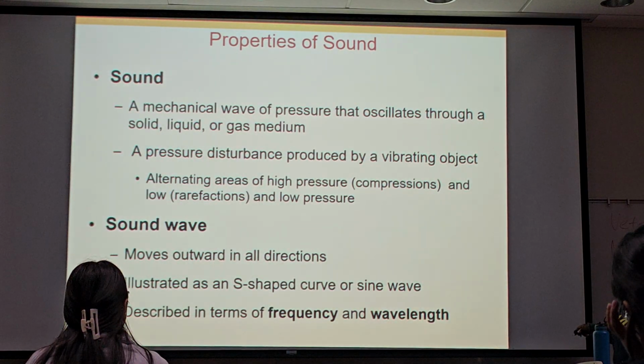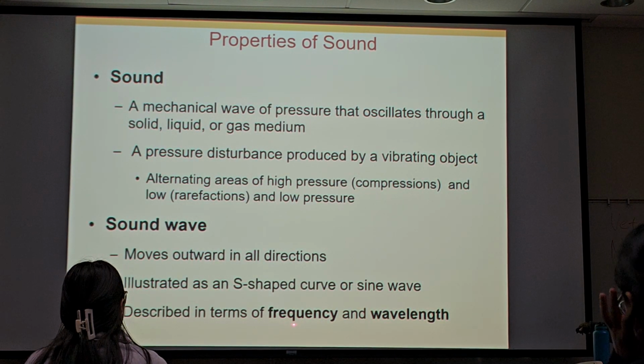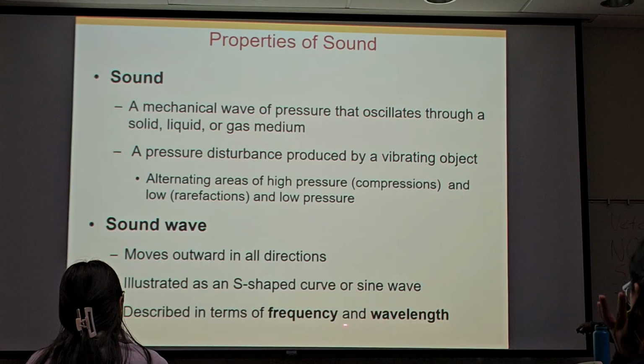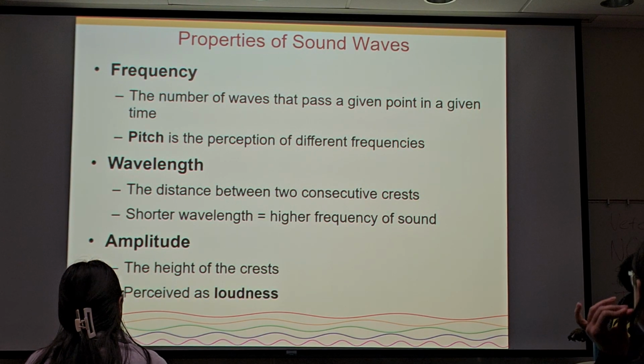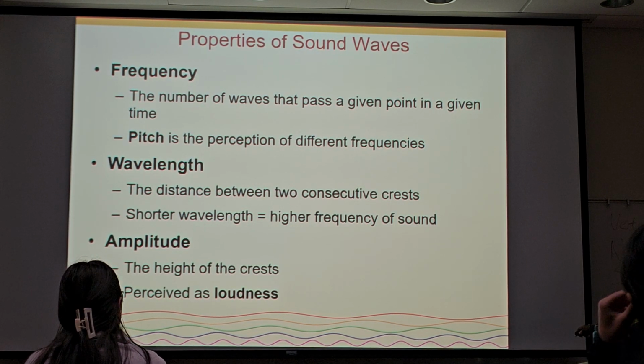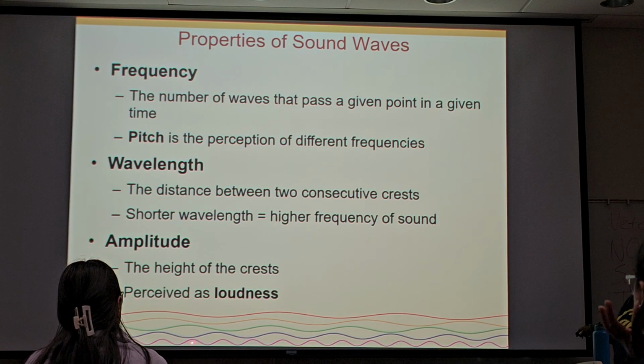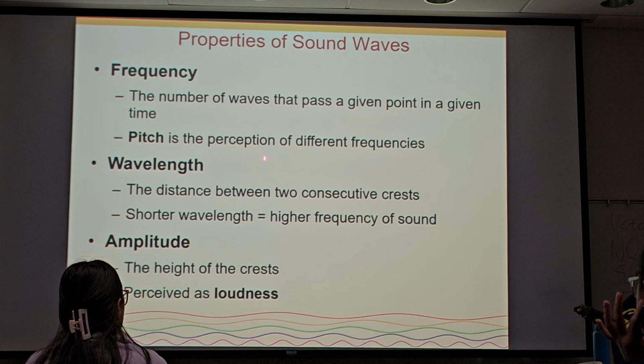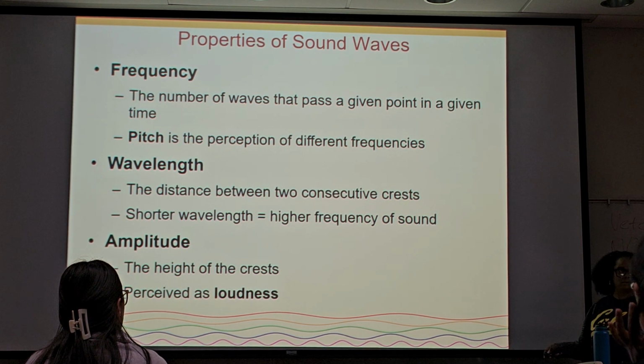where the frequency and wavelength mean things. The frequency is the number of waves that pass a particular point at a given time. So this will be high frequency sound, low frequency sound. Pitch is how we perceive those frequencies, high or low.